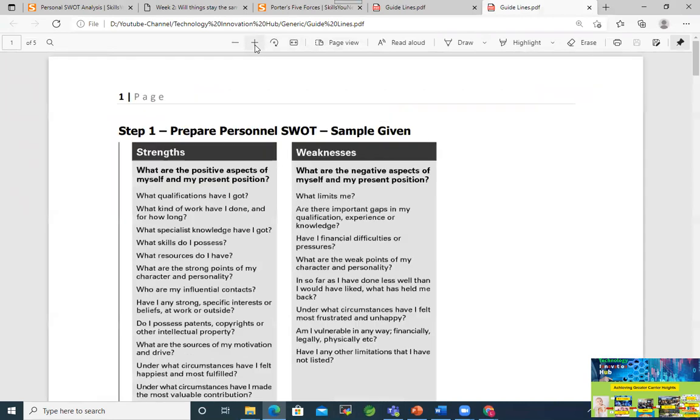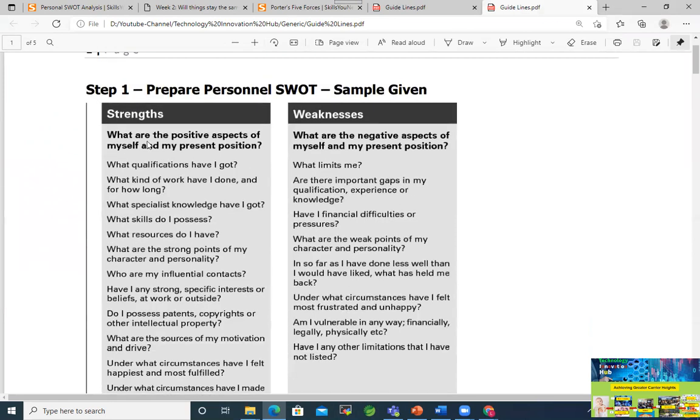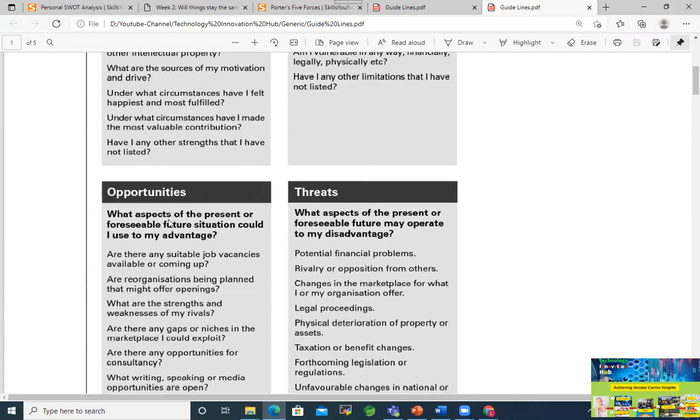I have a reference link as well. Prepare a personal SWOT; a sample is given. Strengths: what are the positive aspects of myself and my present position? Weaknesses: what are the negative aspects? Opportunities: what aspects of the present or foreseeable future situation could I use to my advantage?